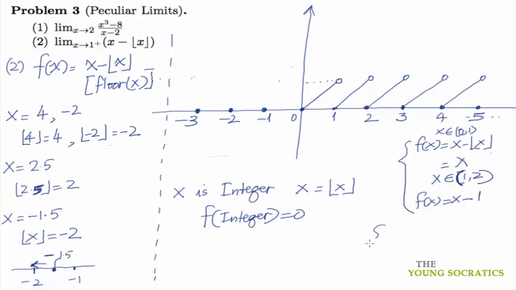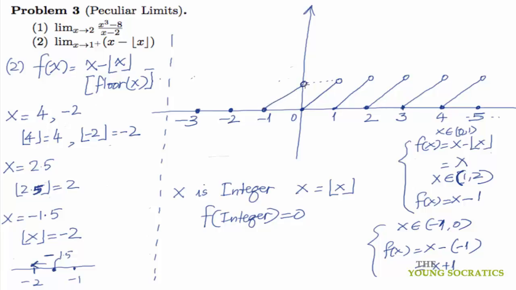How about for negative values of x? Say x is between -1 and 0. f(x) will be x minus (-1), because the greatest integer less than or equal to the value of x in this interval is -1. So it is x plus 1. And hence the curve will be like this.